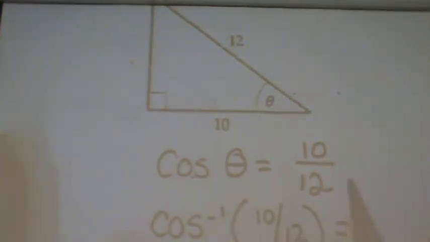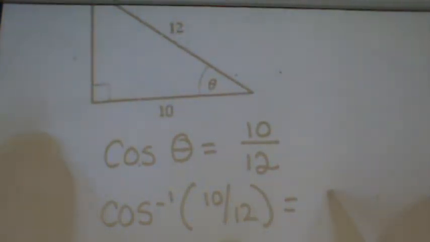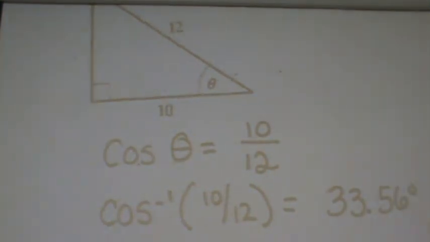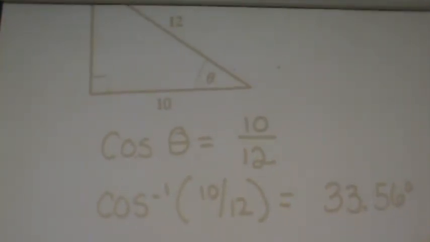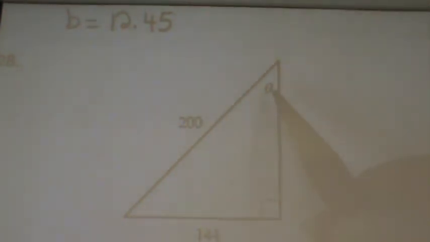What'd you get for an answer? I got 33.56. Did somebody get something else? What'd you get? I just rounded it. Okay, rounding. And then this last one, number 28. What trig ratio am I going to use knowing this and this side?